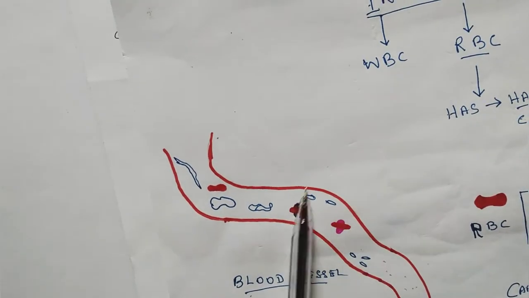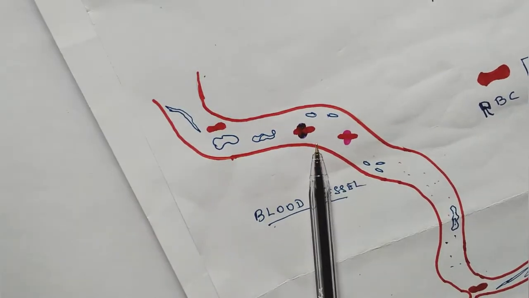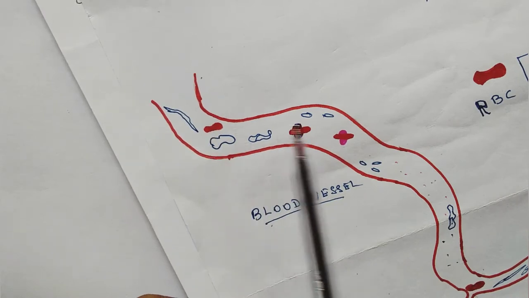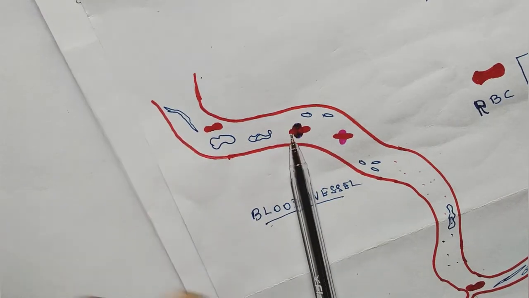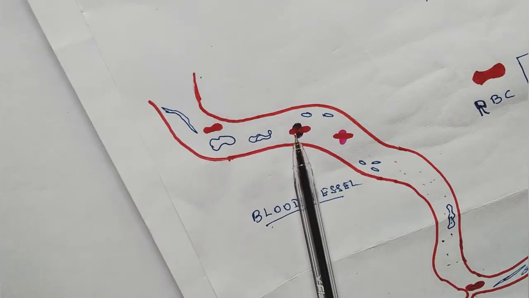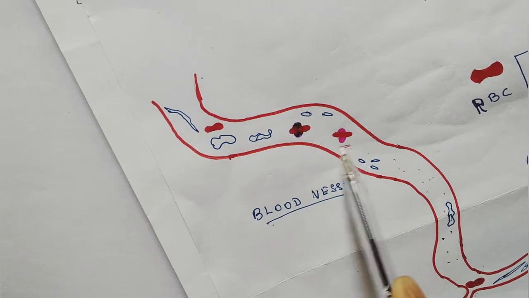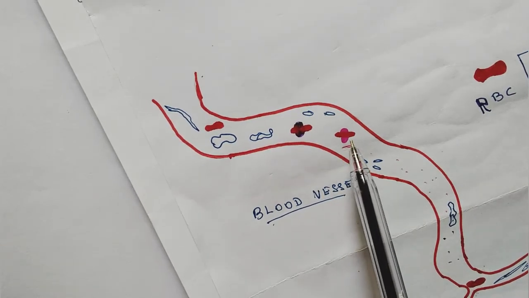Say like this is an artery. You see in this diagram, this is the RBC which has no oxygen. This one, let's say one or two maybe carry carbon dioxide, but this particular one carries oxygen.